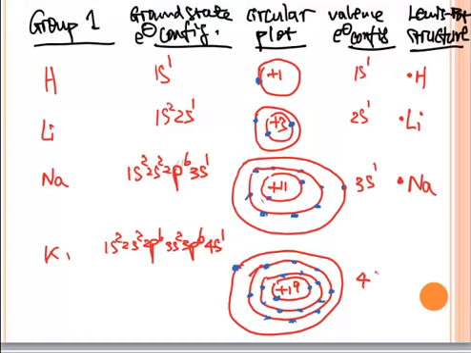Potassium will be 1 dot. Now you start looking at a very interesting pattern. So now you can probably predict the next one. Cesium will be 5s1, and the cesium Lewis dot structure will be cesium plus a single dot.